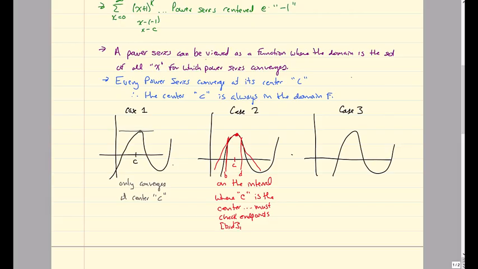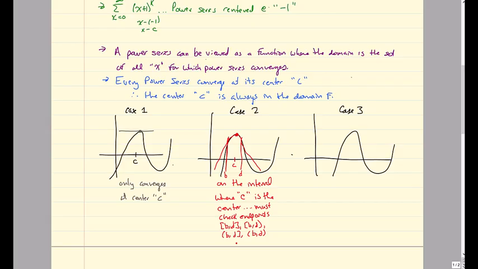That means it converges at both left and right endpoints. I could have left endpoint converging, right endpoint diverging. I could also have left endpoint diverging, right endpoint converging, and I could have both endpoints diverging. So I have to check to see which situation we have here.